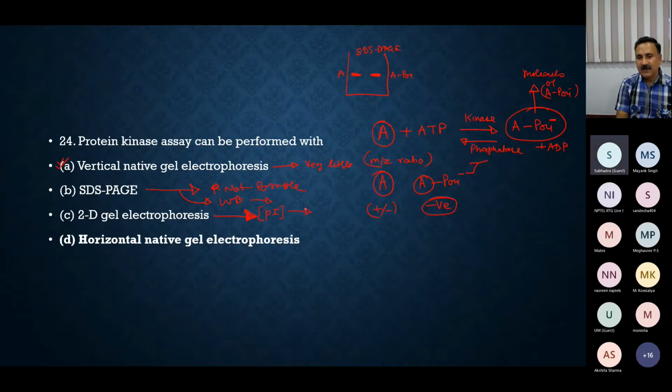So pI is going to be different for both of them. Yes, sir. pI is going to be different only if you assume that A is a protein actually. If it is a non-proteinaceous substance, forget about this. So how is the pI going to be different?